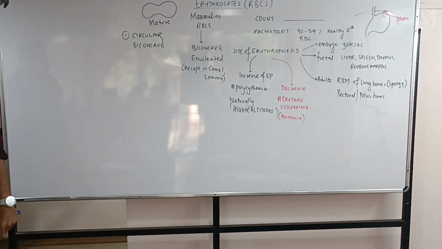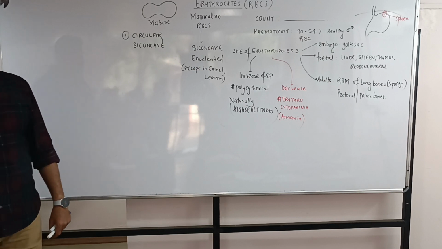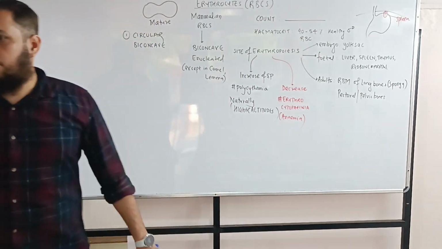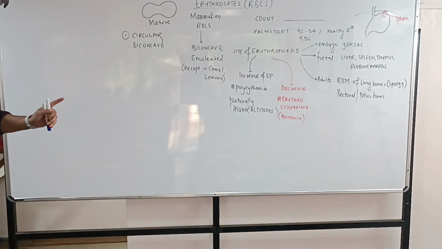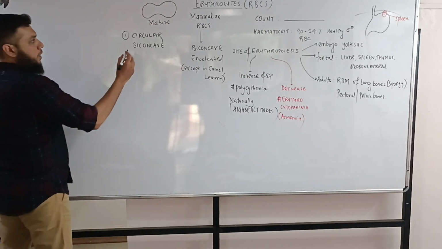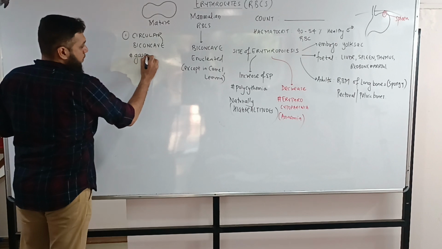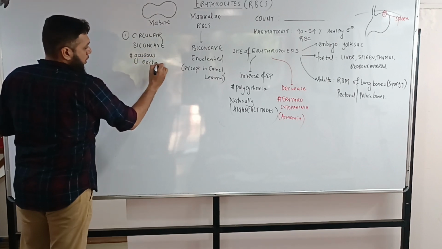Why does it have to be biconcave? Does it get any advantage? Surface area will increase for the exchange of gases. Being biconcave, it provides more surface area for gaseous exchange.